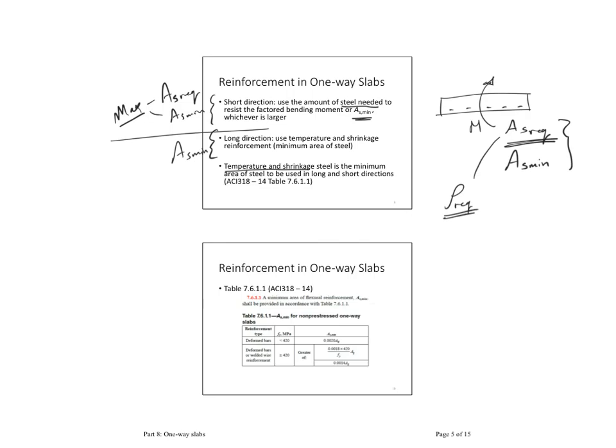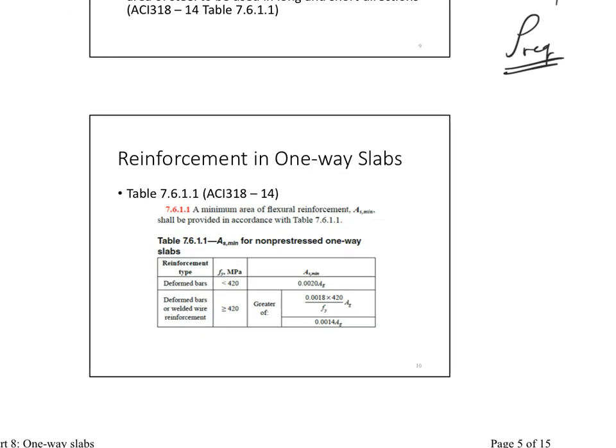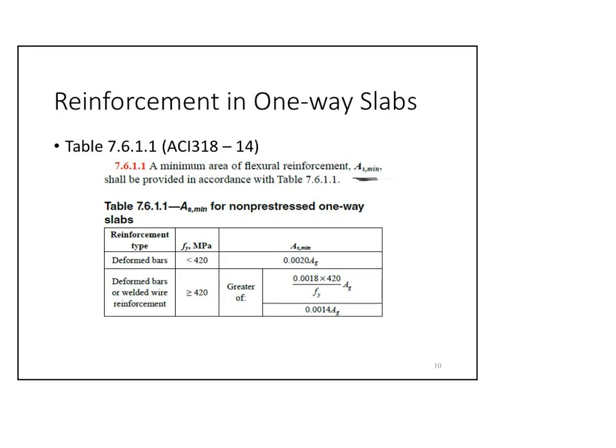So the code tells you you have a minimum area steel that you need to abide by. What are those minimum? It depends on the F yield. If it's larger than or equal to 420 megapascal, you take the greater of 0.0014 area gross, or 0.0018 times 420 over F yield times area gross.